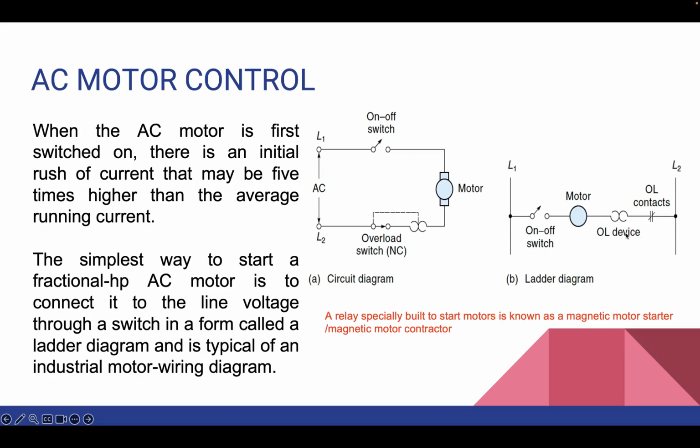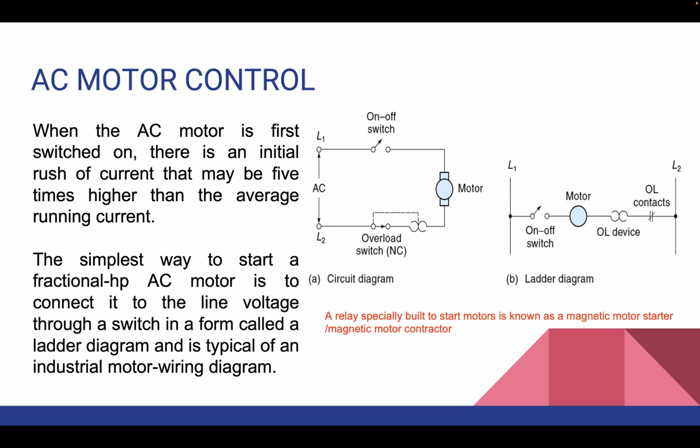An overload device is integrated into the circuit to open its contacts if the motor overheats, providing an additional layer of protection. Industrial motor control systems are often more sophisticated than the simple toggle switch you see here. The motor may be controlled from a remote control panel or using relays.